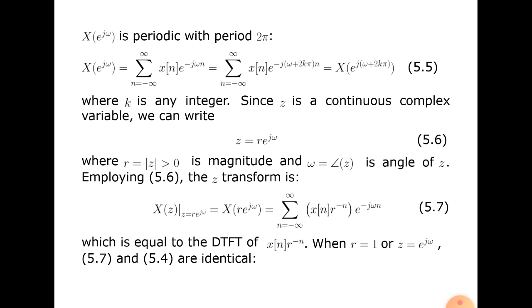Since z is a continuous complex variable, we can write z equals r e power j omega, where r equals modulus of z greater than 0 is the magnitude, and omega equals phase angle of z.